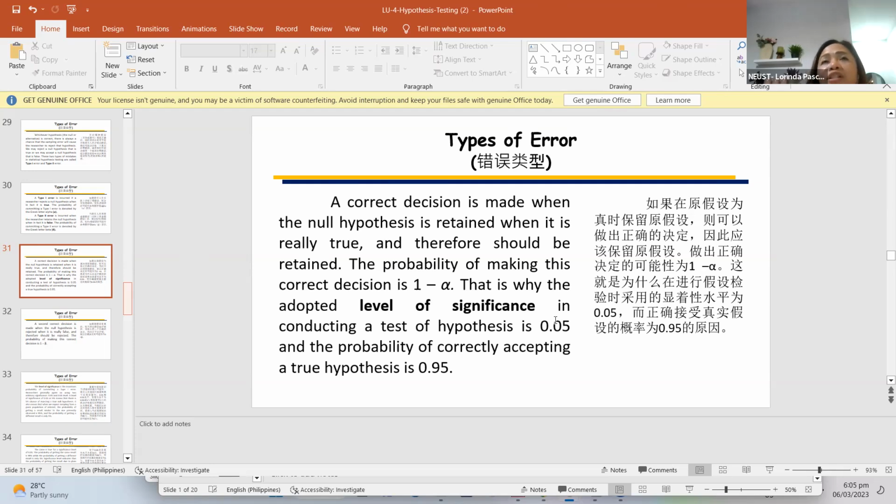In making the decision, and you state the null and the alternative hypothesis, in rejecting or accepting the null hypothesis, mas baba dapat yung significance level niya, 1%. Kasi dapat doon ang probability of correctly accepting the true hypothesis is 99%. Para siyang safeguard.